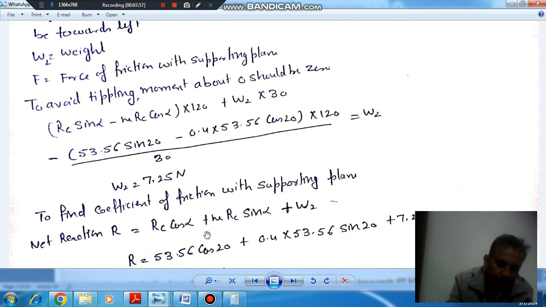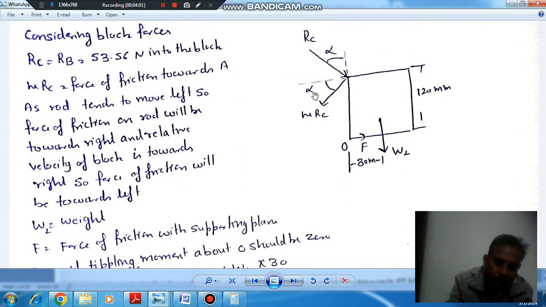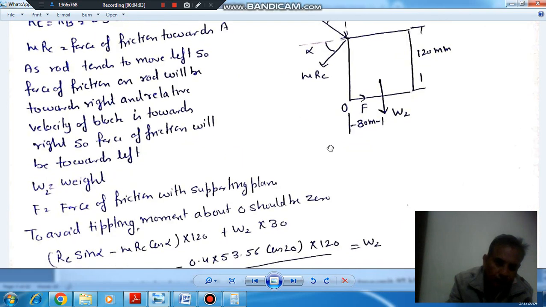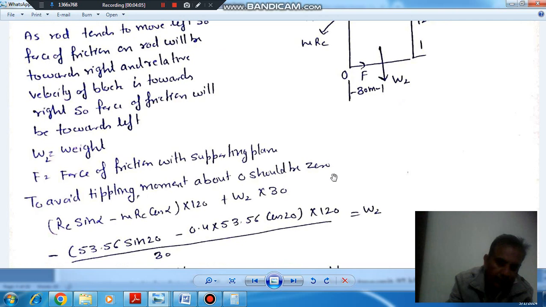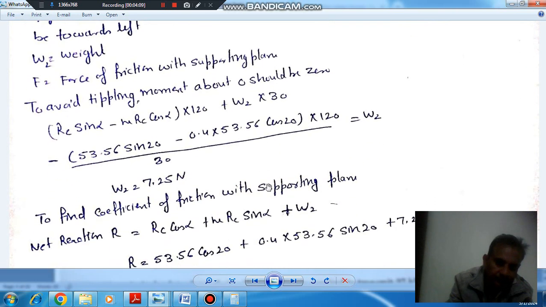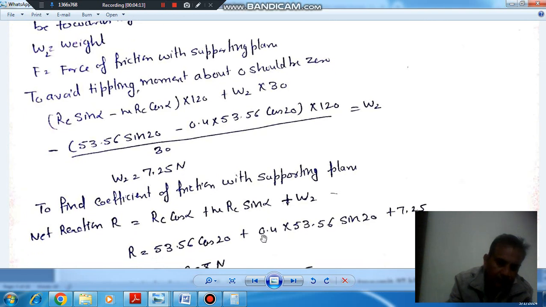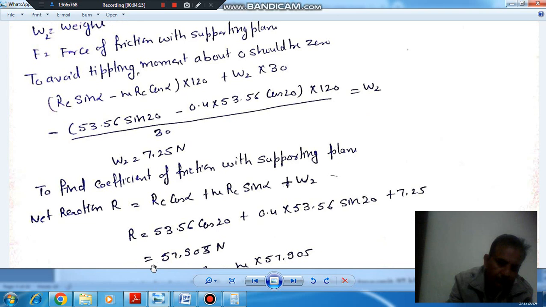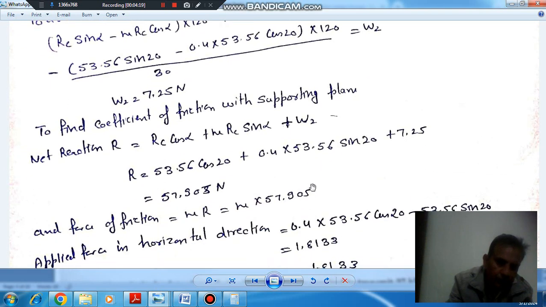Now mu is 0.4 and RC is 53.56, and W2 we have calculated as 7.25. So the reaction comes out as 57.905 Newton.